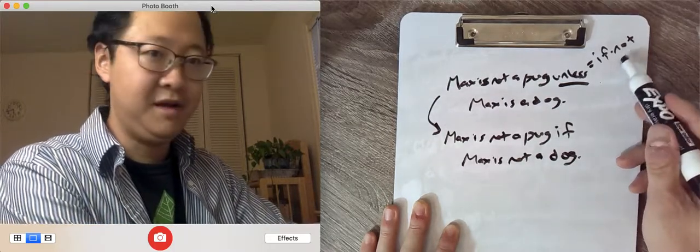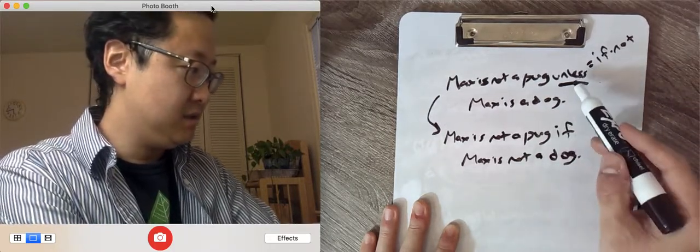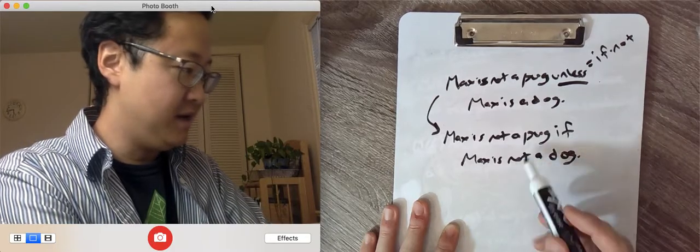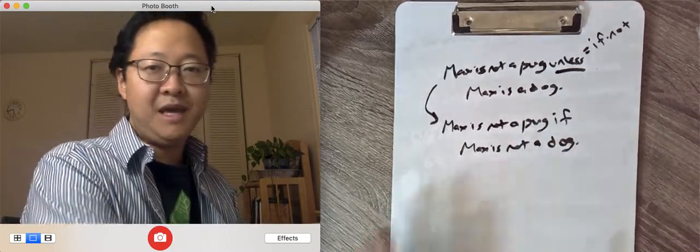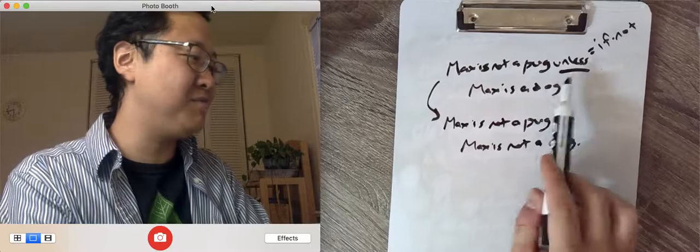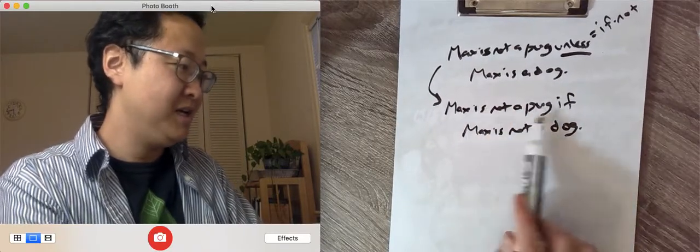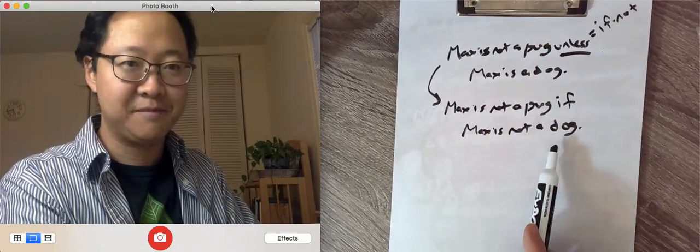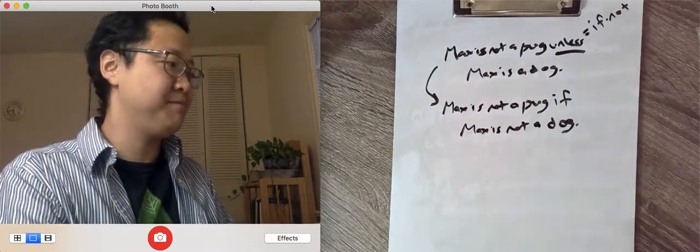Okay, that's our if not there, right? So the unless turns into an if not, where I inserted the if. Okay, and that seems right. To say something's not a pug unless it's a dog is to say it's not a pug if it's not a dog. Okay, so unless equals if not.